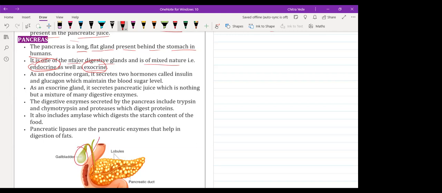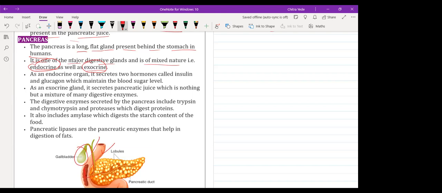So here we have a duct, so it is exocrine, but it directly secretes into the bloodstream also. This is the bloodstream, meaning arteries and veins. So it is endocrine also. Understood now? Yes, sir.